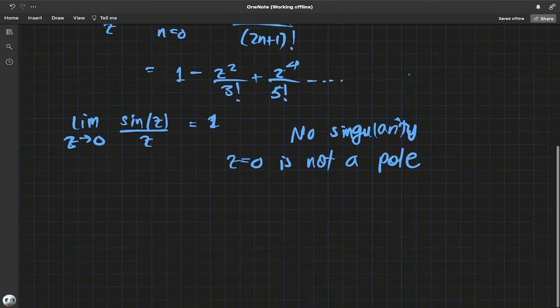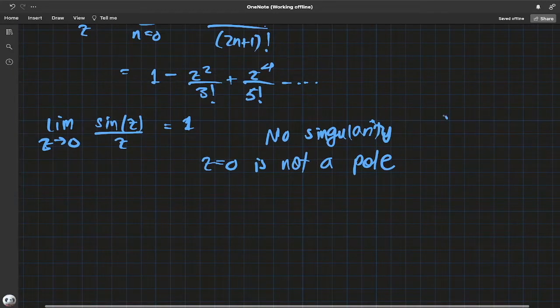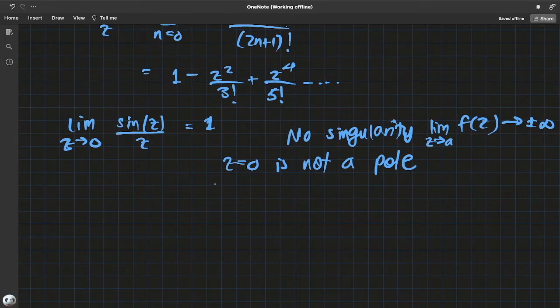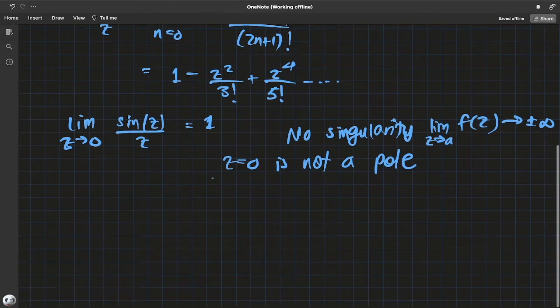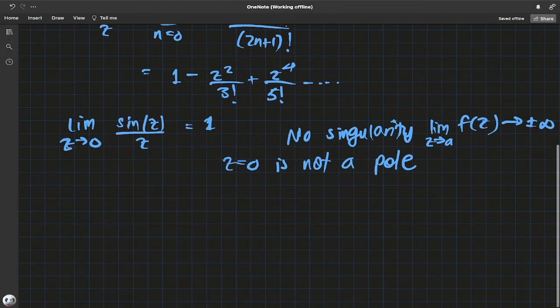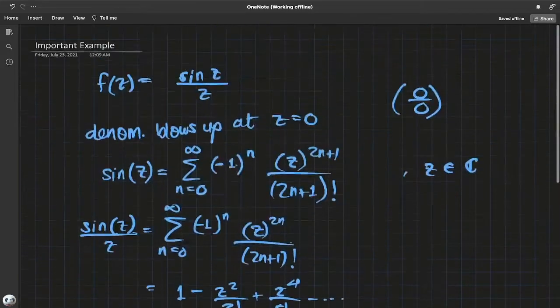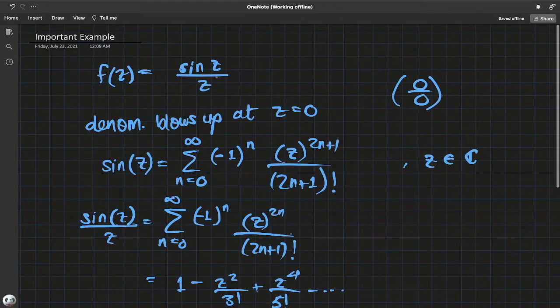And it violates the definition of a singularity because we wanted f of z in the limit that z goes to a to blow up to positive or negative infinity, which does not happen here. So z equals 0 is not a pole, and you need to be careful. Whenever you see a 0 in a z or a simple polynomial term in the denominator, it's not necessary that it is a pole.